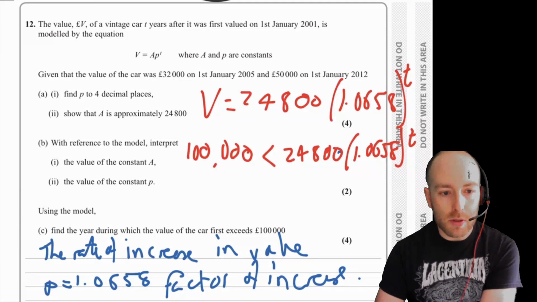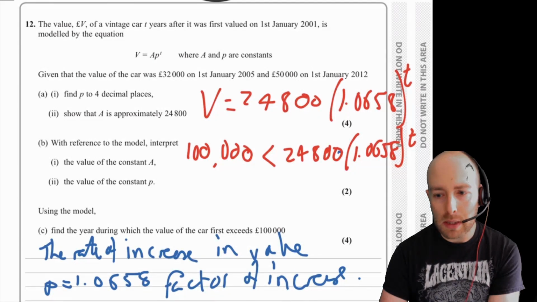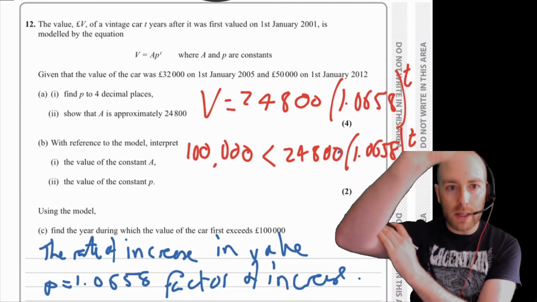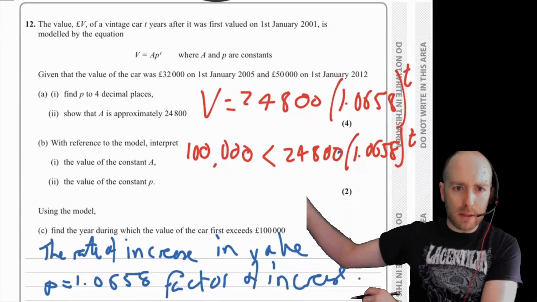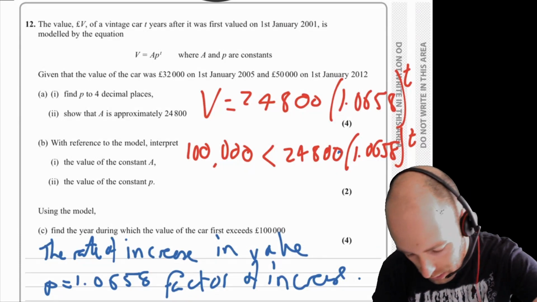So I've set up my equation, and we're saying the value on the right here is greater than 100,000. So divide both sides by 24,800.